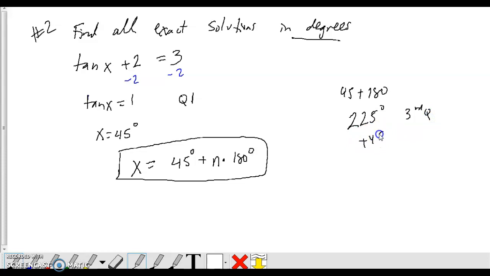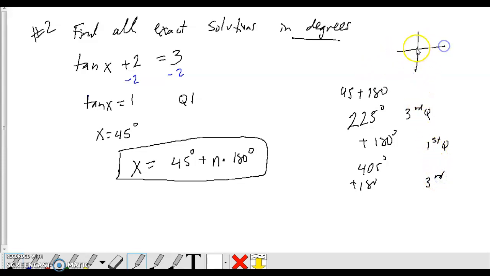Then I can add another 180, and I will be right back in my first quadrant, so it should be 405. I'm bouncing right back and forth between my first and my third quadrant.